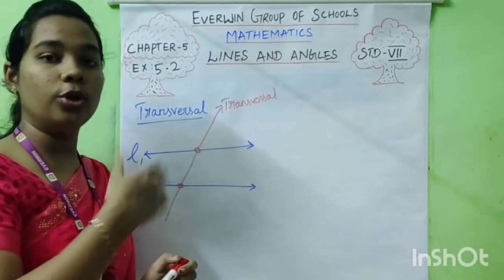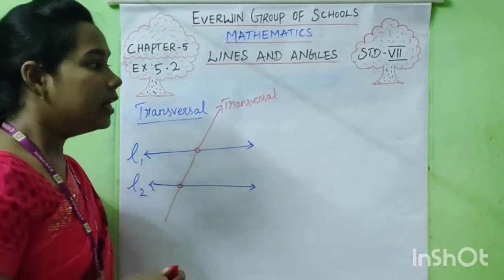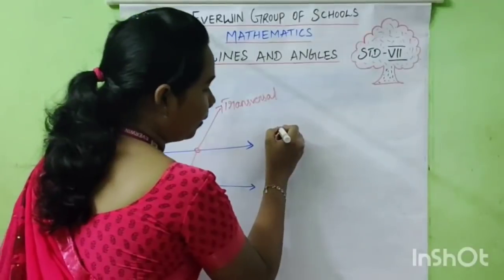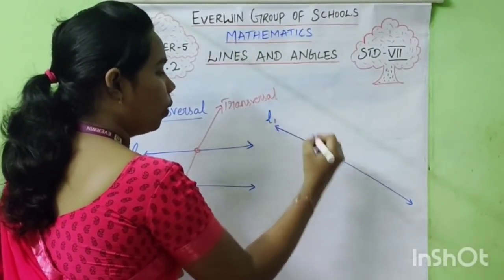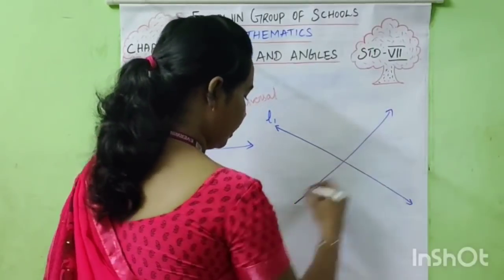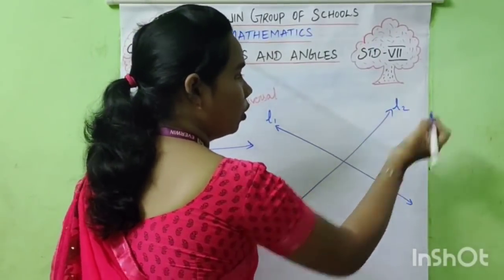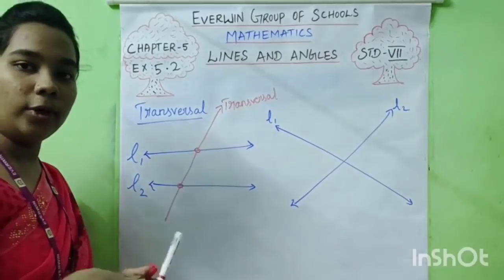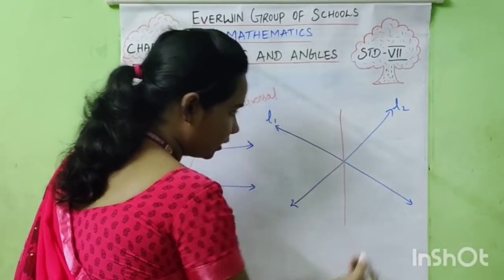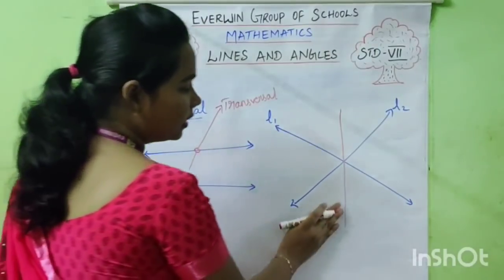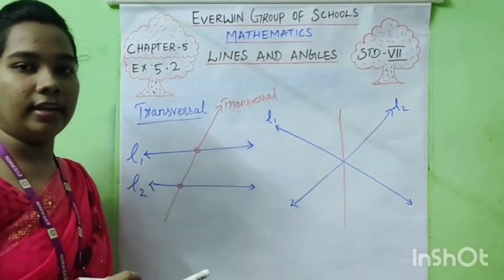Next, I am going to show a line that is not a transversal. Same thing, I'm going to take two parallel lines, L1 and L2, and I'm going to draw a line here. I'm telling you this is not a transversal line. Why?